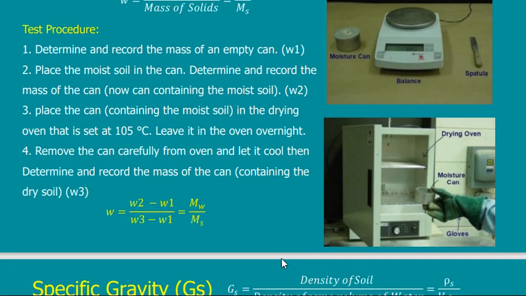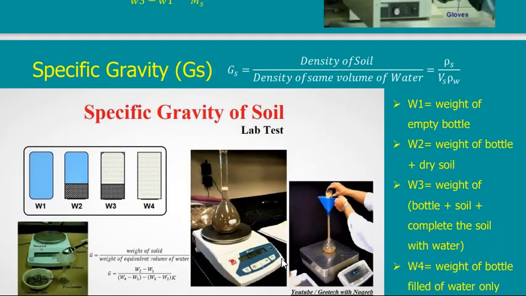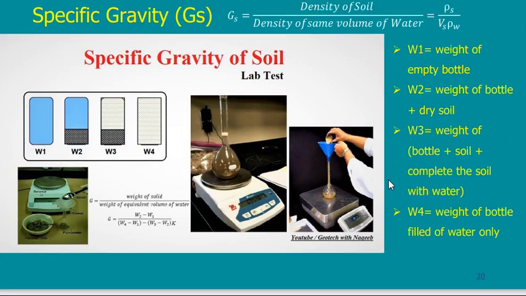There is something called specific gravity. We just studied the water content as an equation. We studied the specific gravity, but how to do the tests in the lab? This is the equation of the specific gravity, and this is the definition of all the weights that will be used in our design.